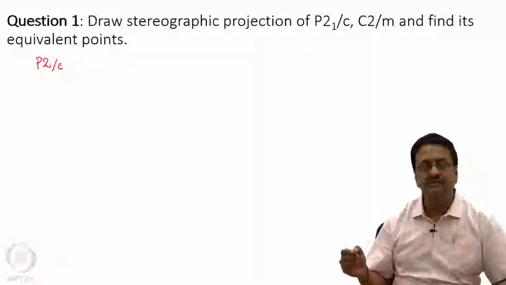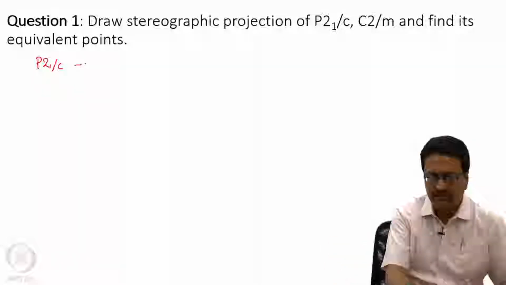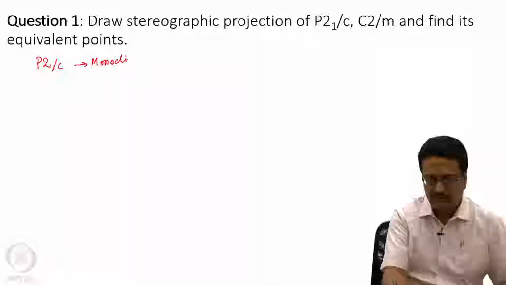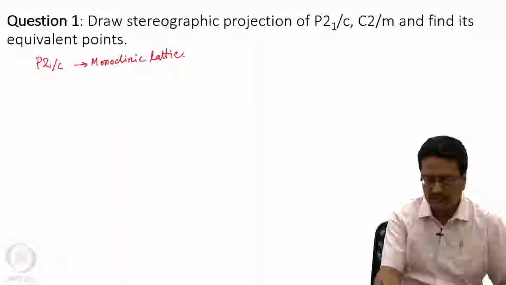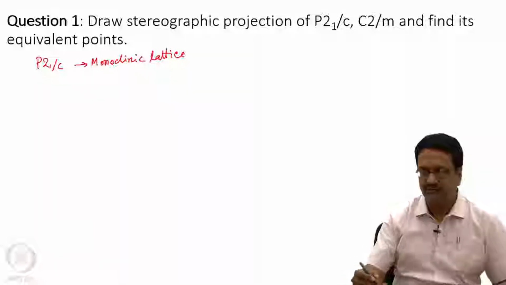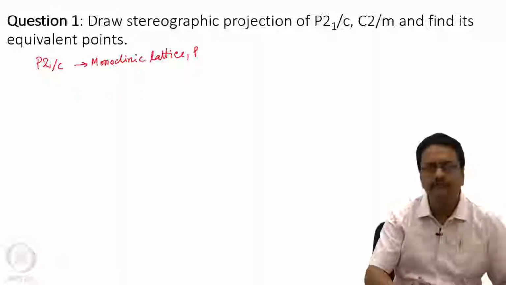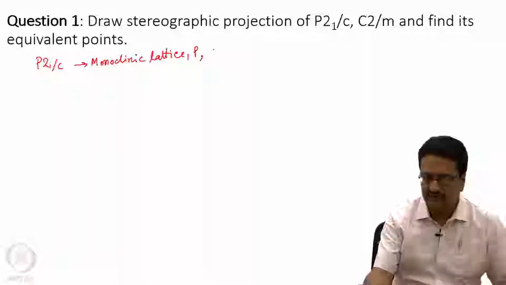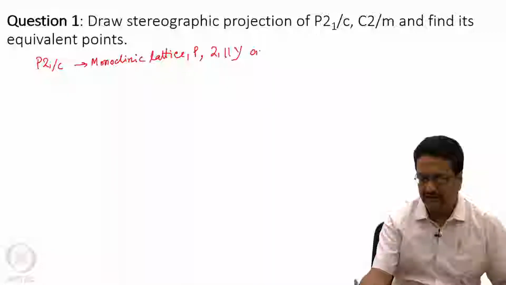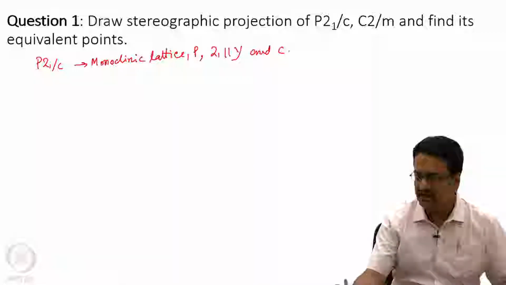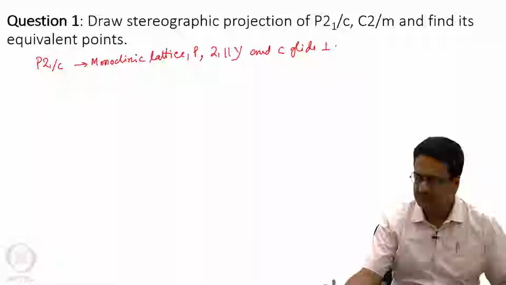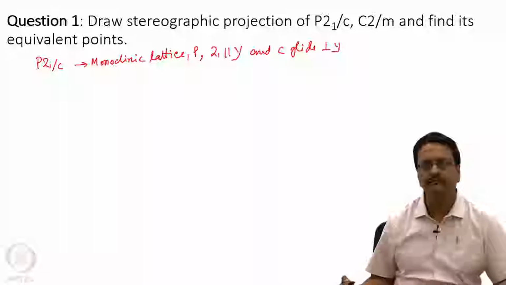So what is this? This is a space group in the monoclinic system, right? And it is a primitive lattice. It has a symmetry 2_1 parallel to y and a c glide perpendicular to y.